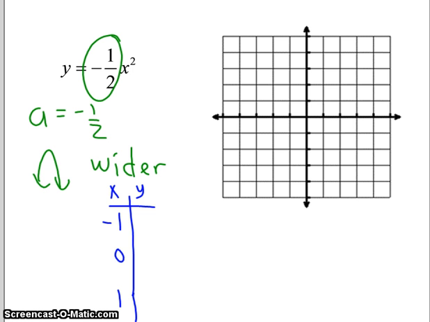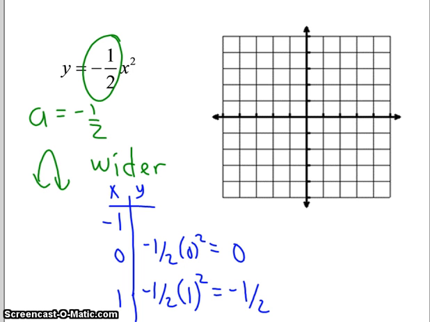Plugging 1 in, this is negative 1/2 times 1 squared. Squaring the 1 is 1. 1 times negative 1/2 is negative 1/2. Negative 1/2 times 0 squared is just 0. And negative 1 will go to the same value as 1.